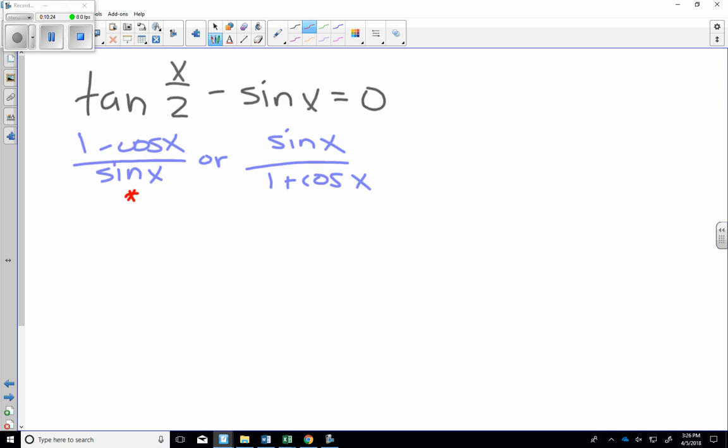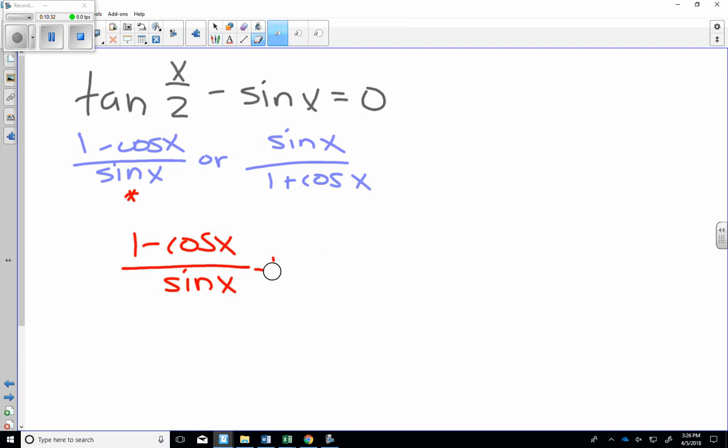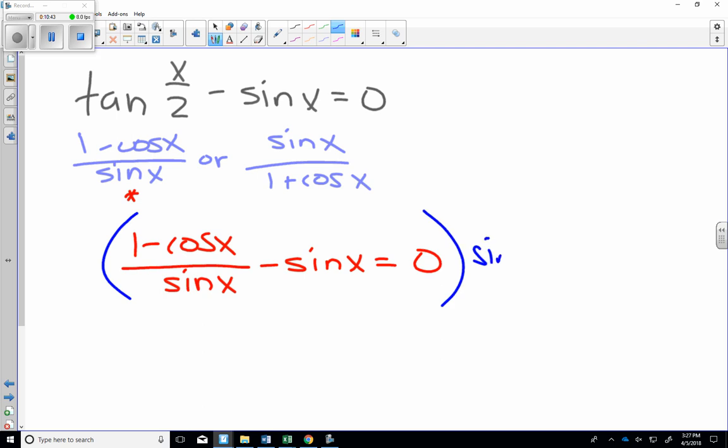So we're going to turn that into 1 minus cosine of x over sine of x minus sine of x equals 0. And now, because we have a denominator, let's multiply the entire equation by sine of x.